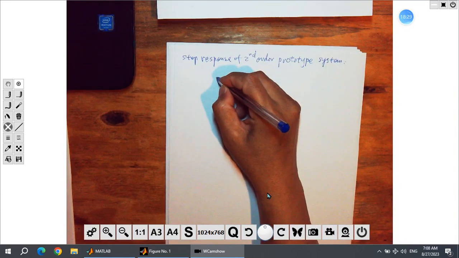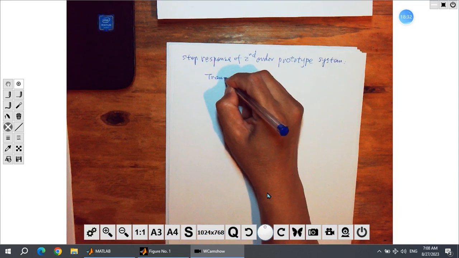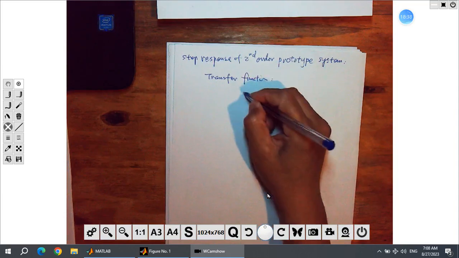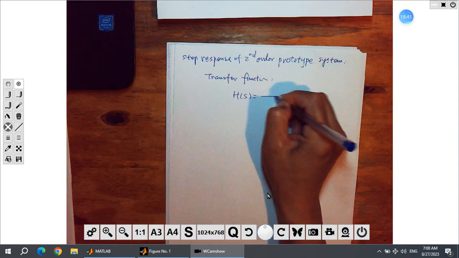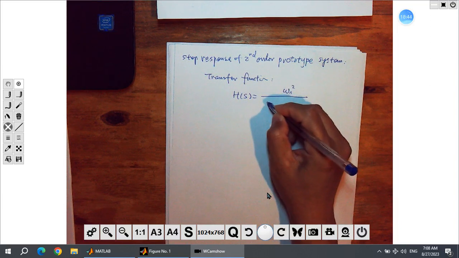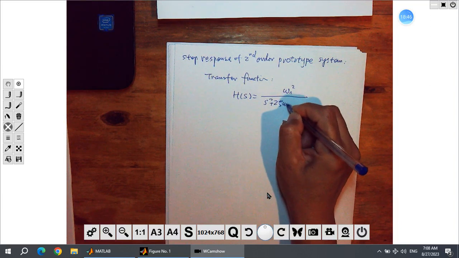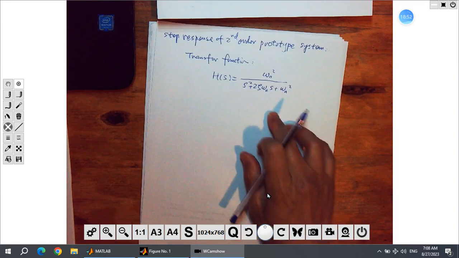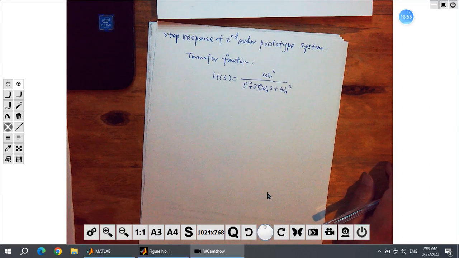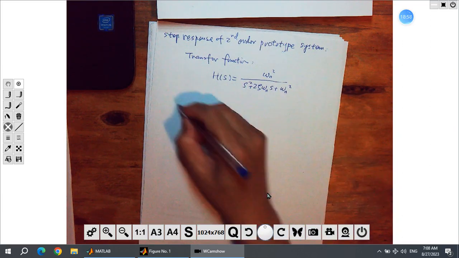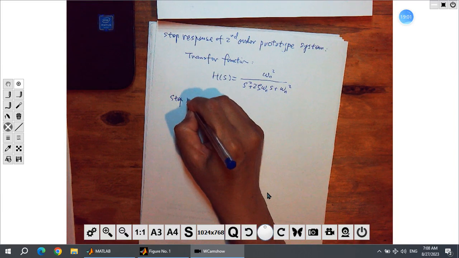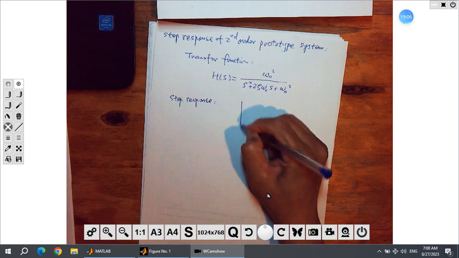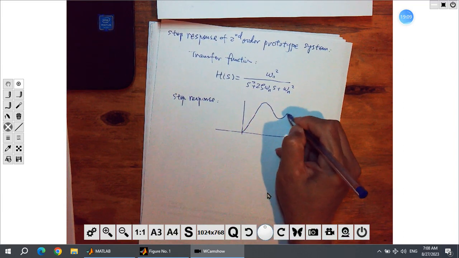The transfer function of this system will be H of s equal to omega n squared over s squared plus 2 zeta omega n s plus omega n squared. This is also a term in the Laplace transform table, right? Okay, then the step response looks like this.